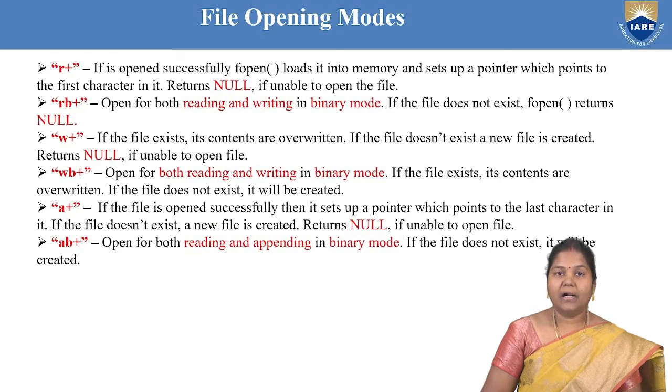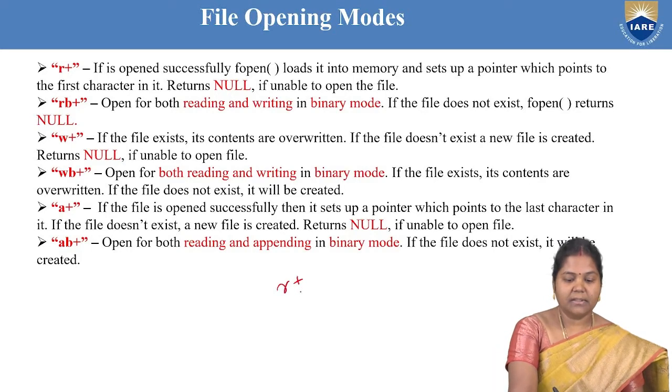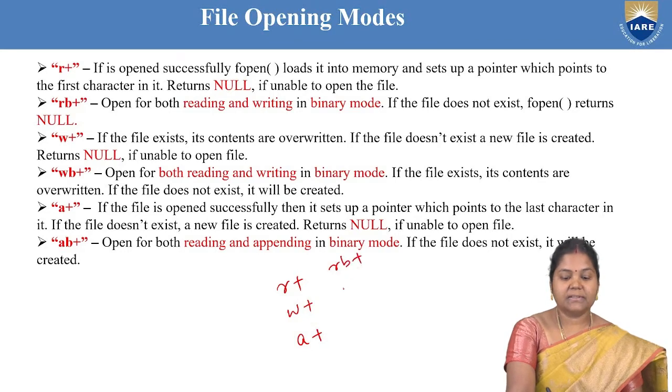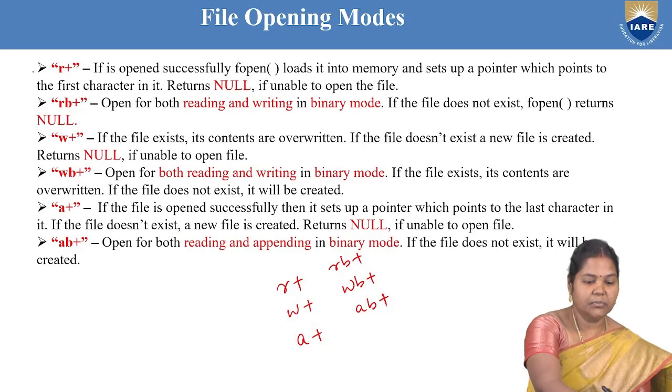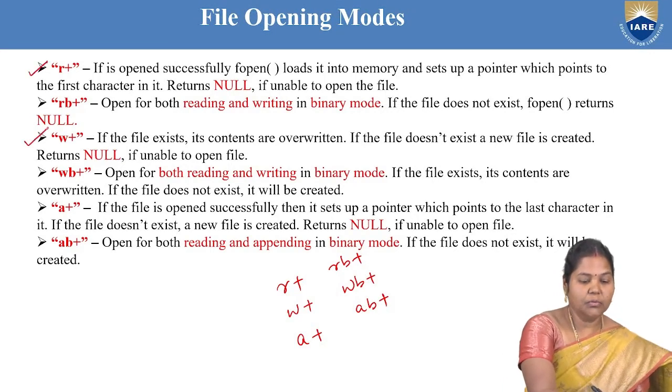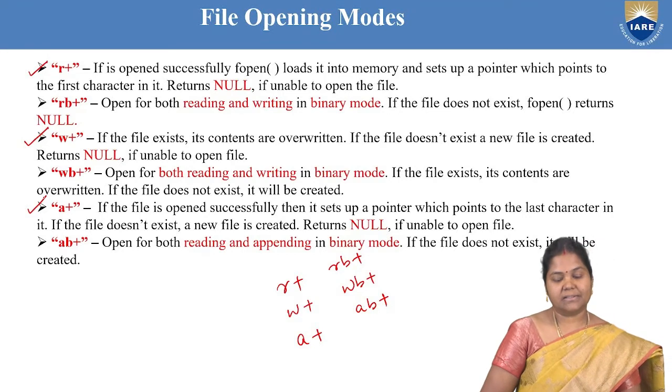Similarly, there are some advanced modes called r+, w+, and a+ for the text file. If you are dealing with a binary file, then it becomes rb+, wb+, and ab+. So if you want to do more than one operation simultaneously, then you can use these advanced modes.